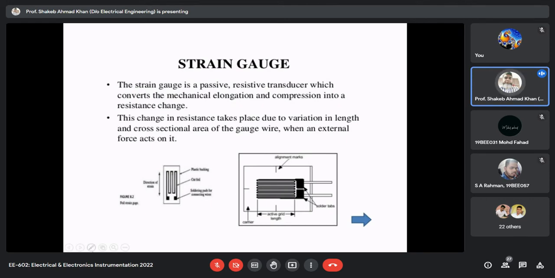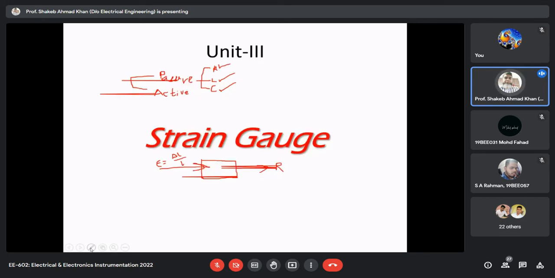In a sensor, whatever measurement we make, we convert the parameter which we want to measure, say a parameter X, into another parameter Y with the help of the sensor, and this parameter we measure using a certain measurement technique.